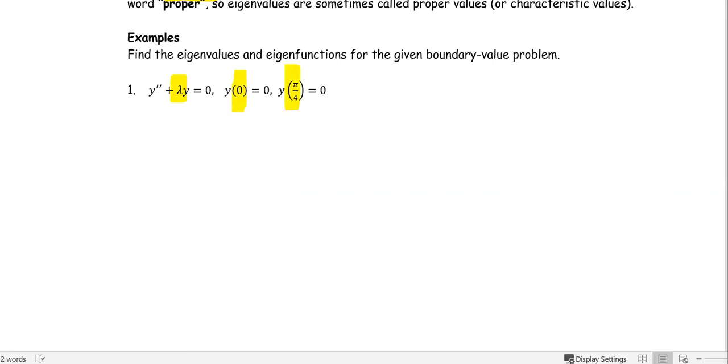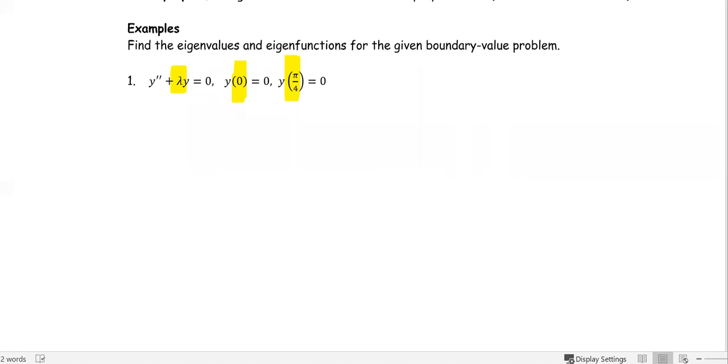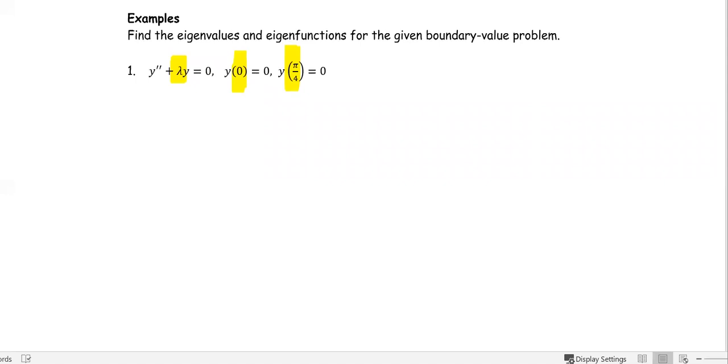So from the boundary conditions provided, we will be able to find the particular solution and also find the specific term of lambda, or the eigenvalue, that satisfies this equation with the boundary condition given. To solve this type of problem, we use the general guideline by looking for the associated auxiliary equation.